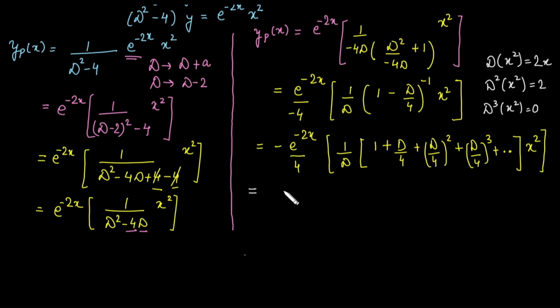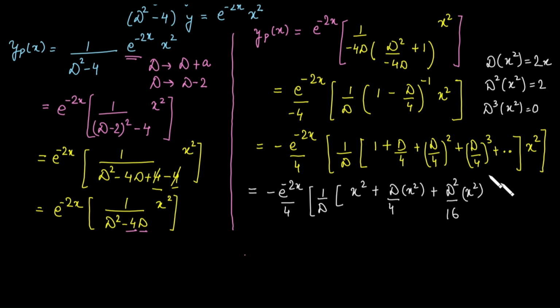So we can write this as minus e raised to power minus 2x by 4, 1 by D, 1 into x square, that is x square, plus D by 4 into x square plus D square by 16 x square. There's no need to write the next term because it gets 0 when operated on x square.